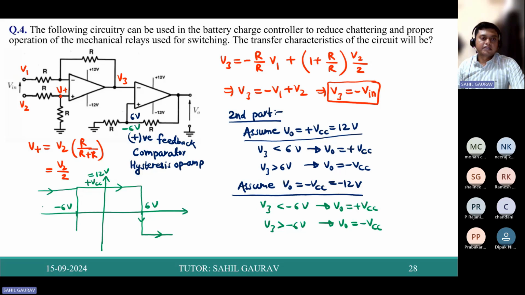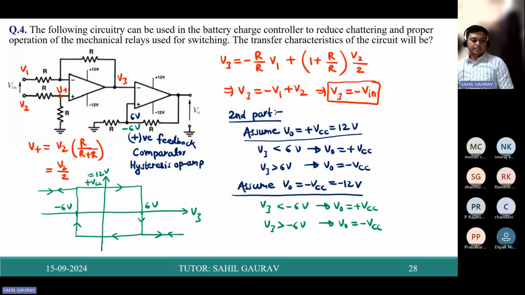This will be plus 6 volt, and if V3 is greater than minus 6 volt, it will be minus VCC. So the complete characteristic will look like this.